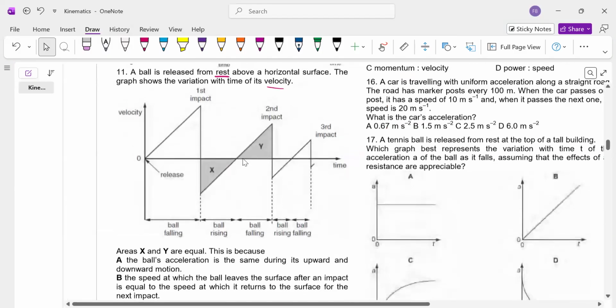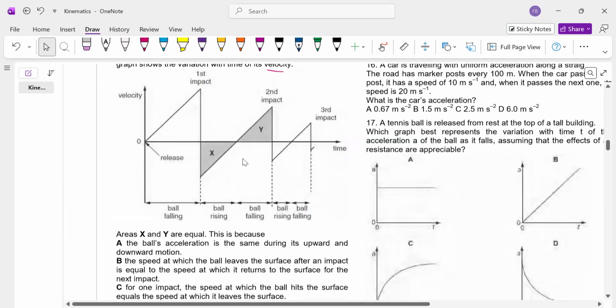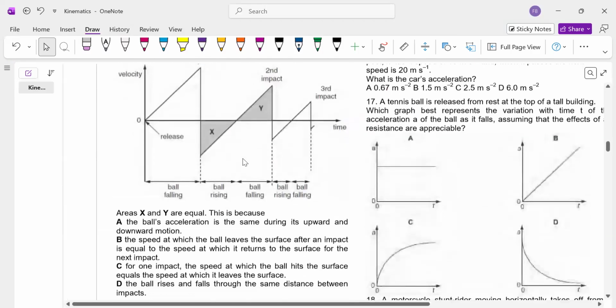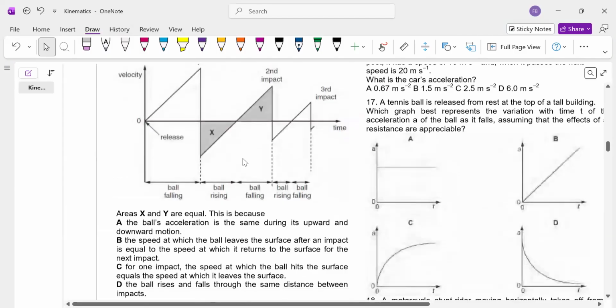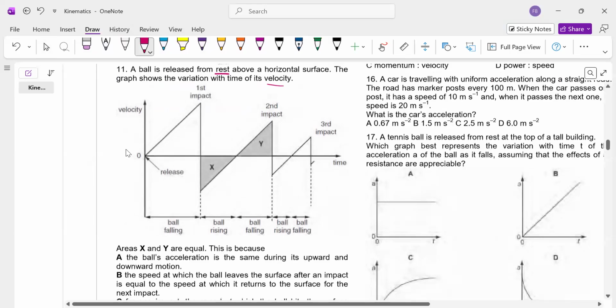They are saying the ball is released from rest above a horizontal surface, and this is the graph. Now they are asking why area x and y are equal. Because when it hits the ground, it goes in the opposite direction with the same force.